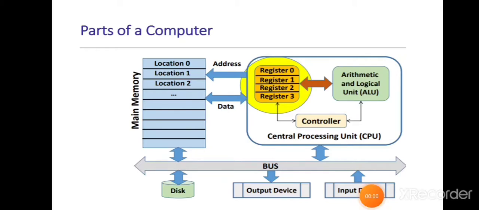Through input devices, like keyboard and mouse, we give values to the computer. Output devices are our screen or the printer, through which we get the output from the computer. And disk is a place where the computer can store information for us.